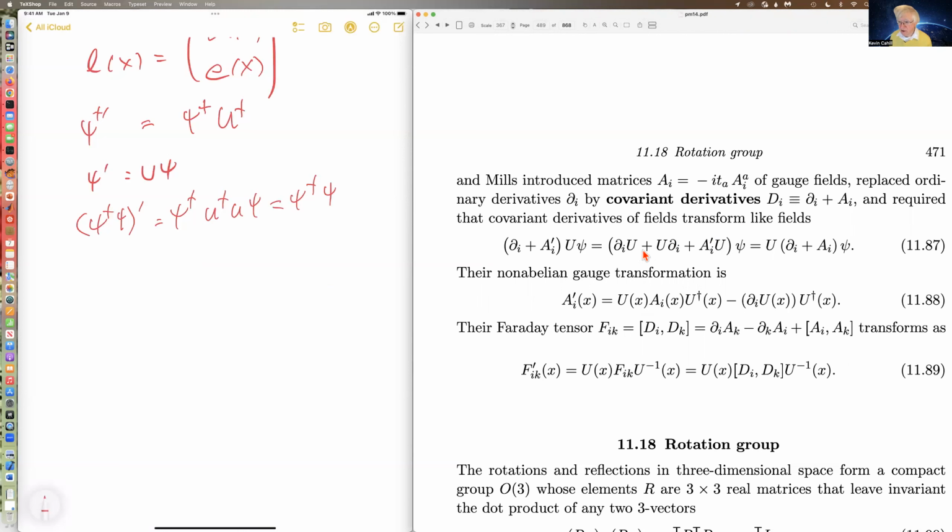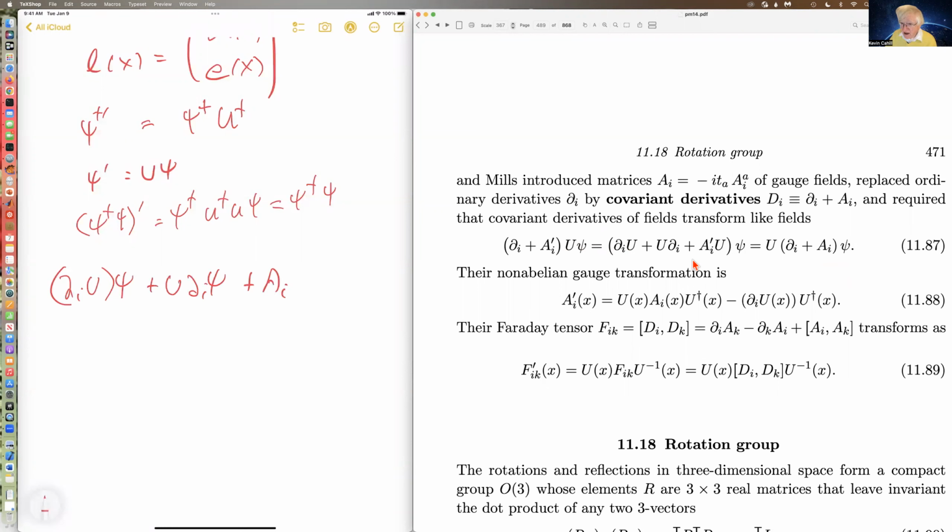Let me just add an equation here. So what we've got here is di U psi plus U di psi. So I'm writing this out.